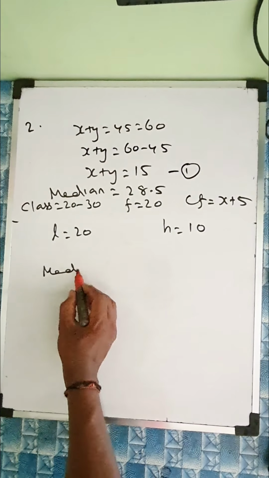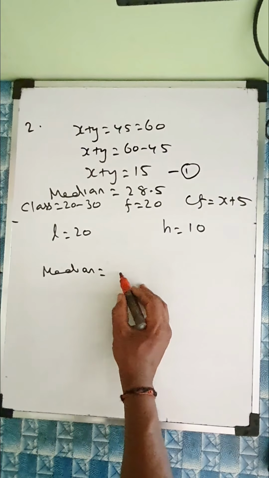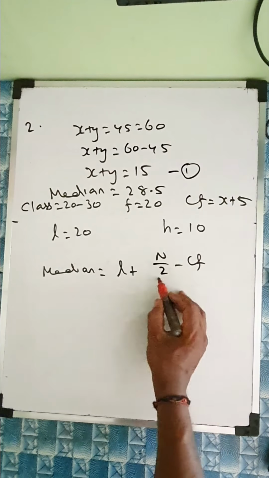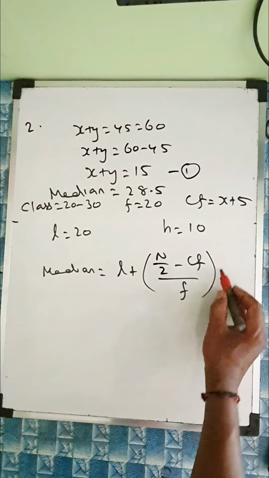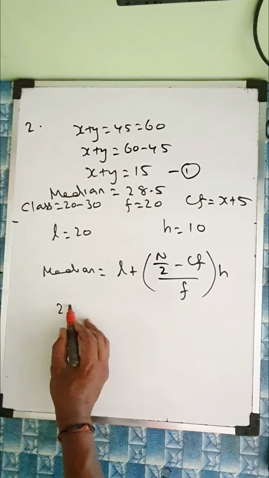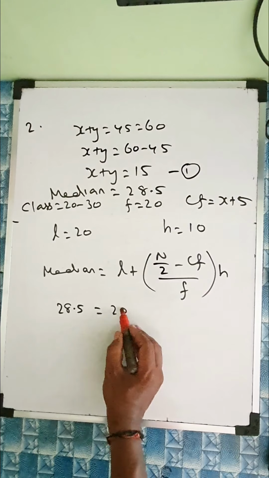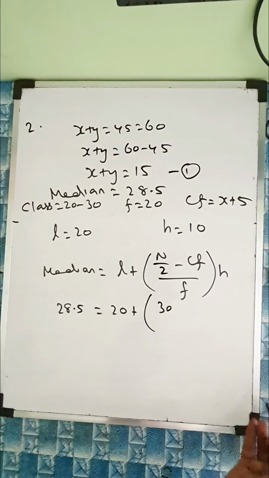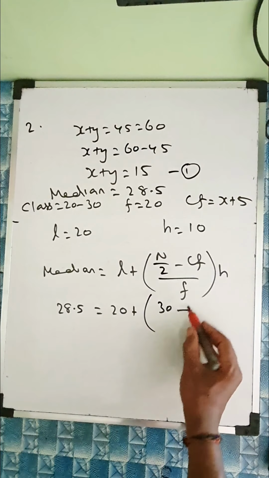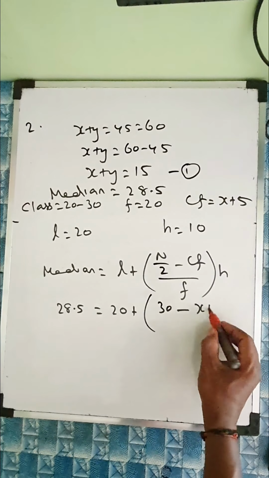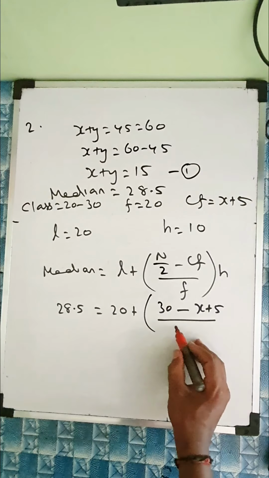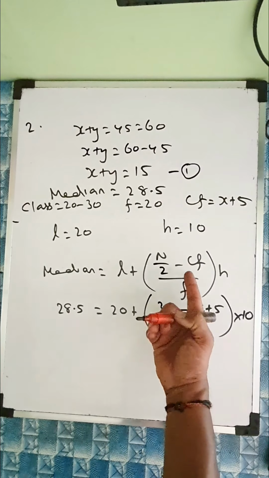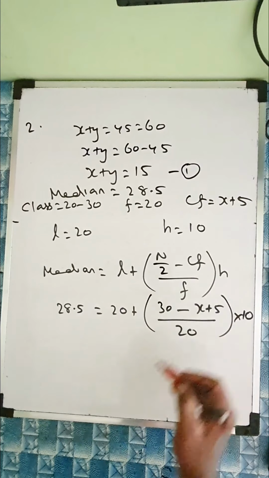So median equals L plus n by 2 minus CF, by F, into h. Here the median is already given as 28.5, L is 20, n by 2 we already know is 30, we took it in the table. Minus CF, which is x plus 5, by frequency 20. And here is a very important point: this CF is x plus 5, so we need to put a bracket.